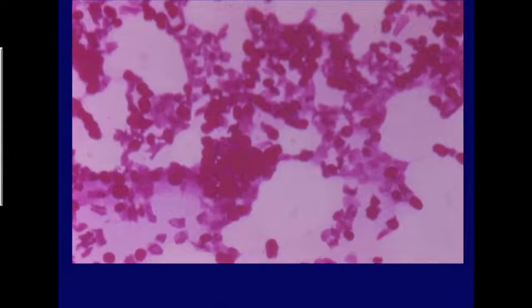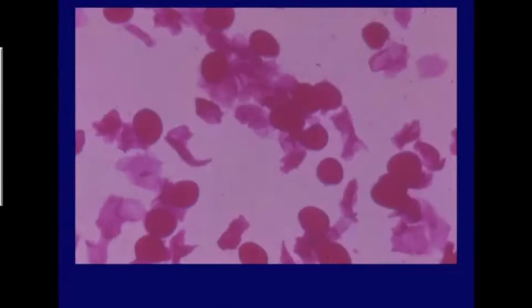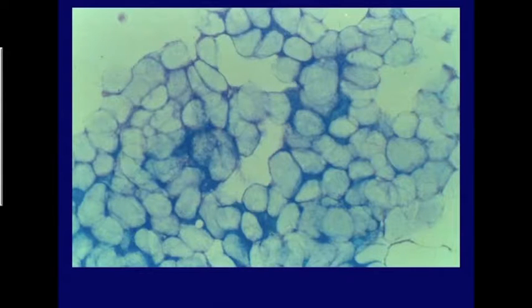Here's a rose Bengal showing those very heavy keratinocytes, and that is a positive molluscum prep. I think this is a Giemsa showing the same thing. So if you are not certain as to what you're looking at, you can express a molluscum lesion and do a prep and look for these molluscum bodies.